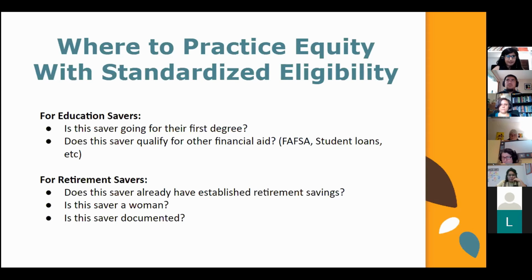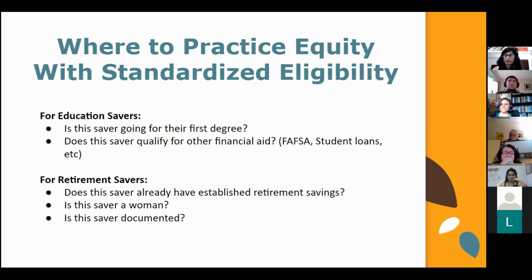Here are some of the questions that I have put into the enrollment process to filter for folks, whether they're the best candidate for IDAs or not. So for education savers, is the saver going for their first degree? I don't really know why, but I have a feeling that at some point we had some postgraduate savers in our IDA program and the rumor mill started.